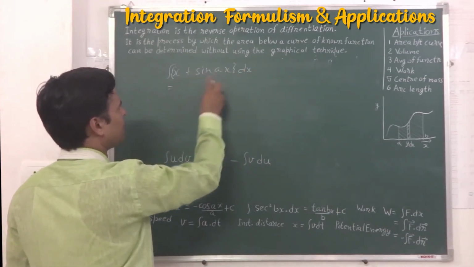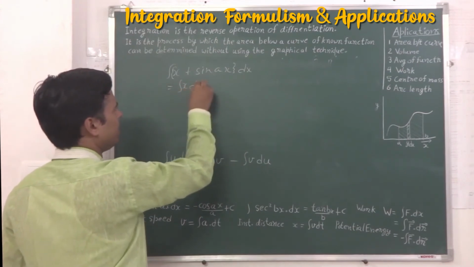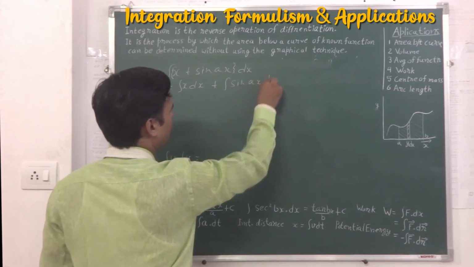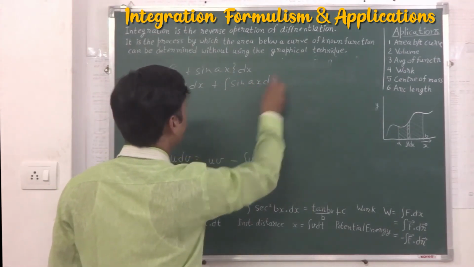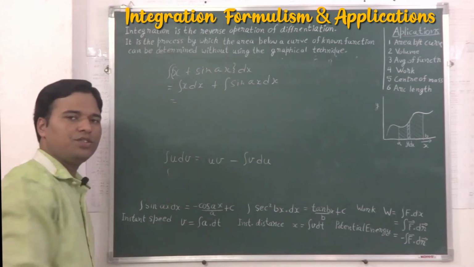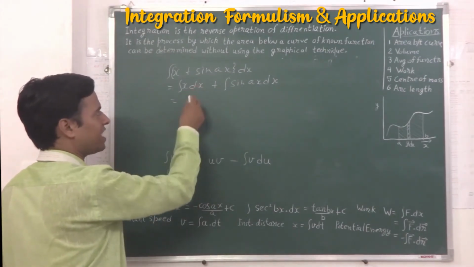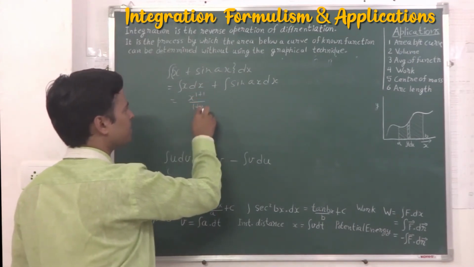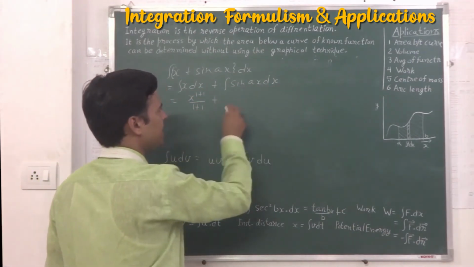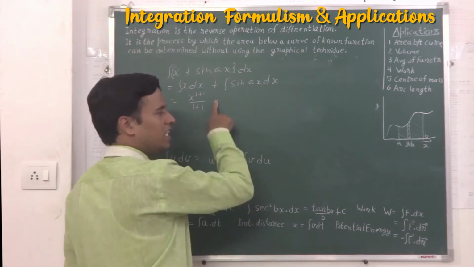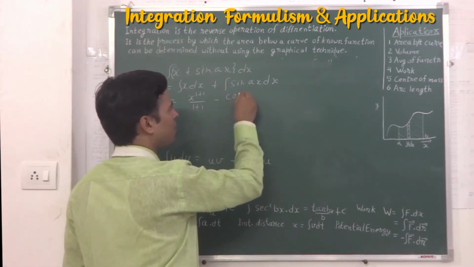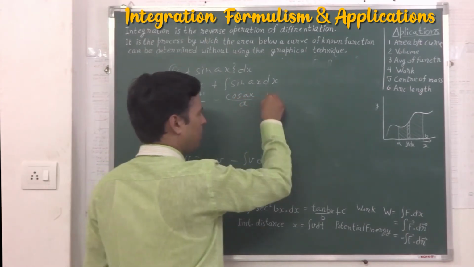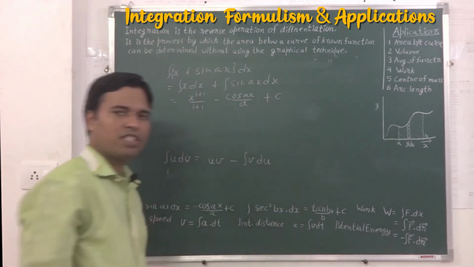You can separate these two functions and get its integral value using the formulas which we have learned in this video. The integral of x to the power 1 dx is x to the power 1 plus 1 upon 1 plus 1, and the integral of sine of ax dx will give you negative cos of ax upon a plus the integration constant.